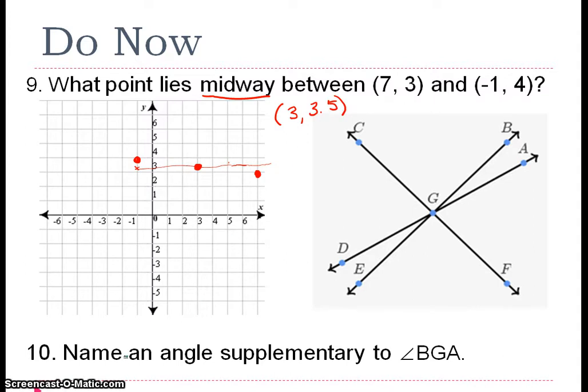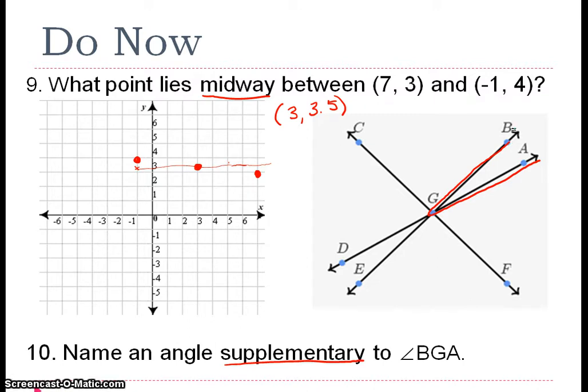Alright, so question number 10, it says, name an angle that's supplementary to BGA. Alright, well, first of all, let's find angle BGA. BGA is this angle right here. And we're looking for something that's supplementary to that. Well, what does supplementary mean? It means that they're going to make a straight line together.